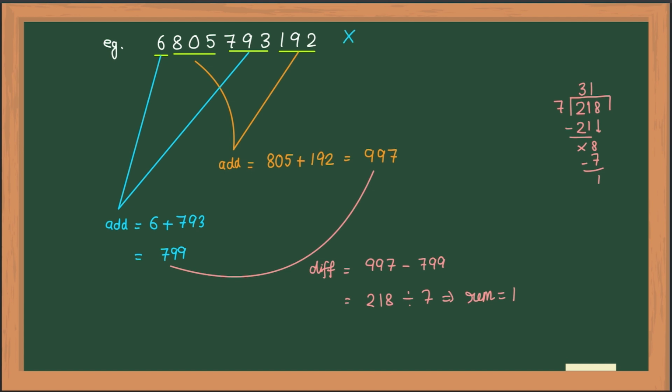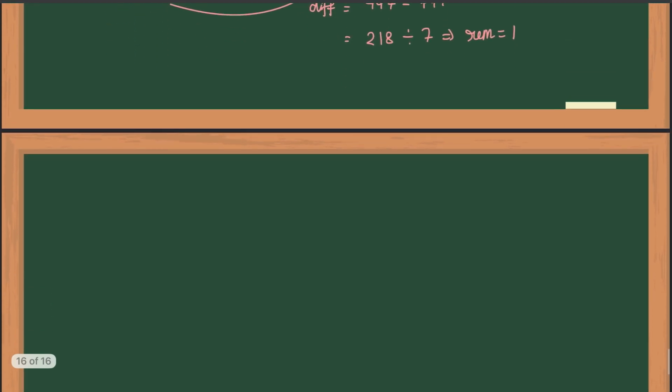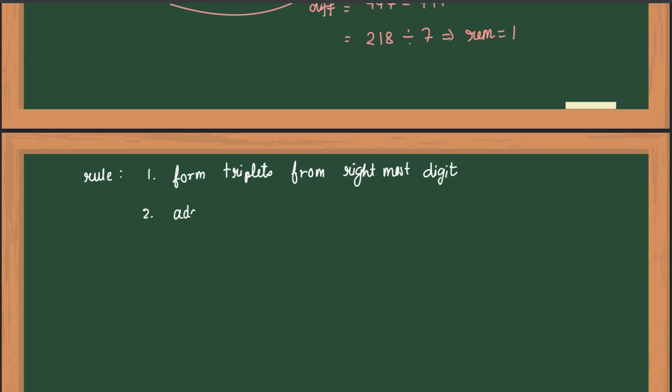Now for a shorter aspect, I am writing off the rule, but the rule states that the first thing is form triplets from the rightmost digit. Now, what was the other thing? We have to add the first triplet with the alternate one.